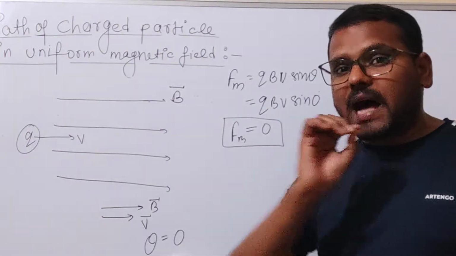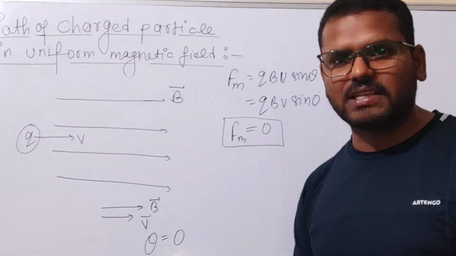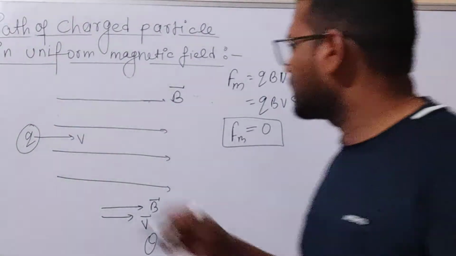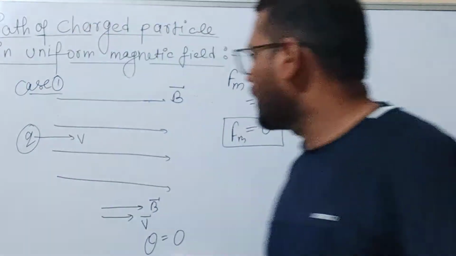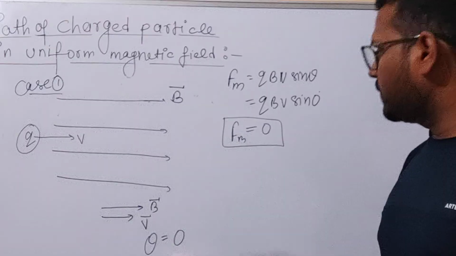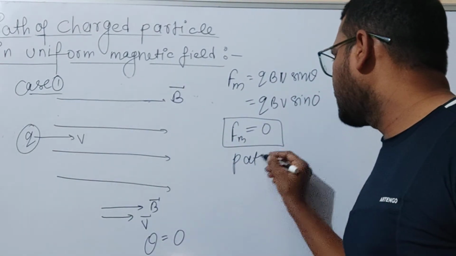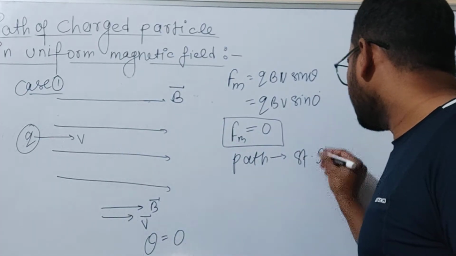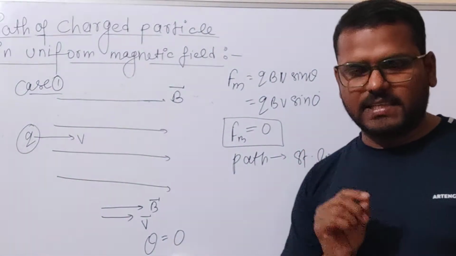So the path of the charge will be a straight line. This is the first case: when the magnetic field and the charged particle are moving in the same direction, the force will be 0, and the path acquired by the charged particle is a straight line.